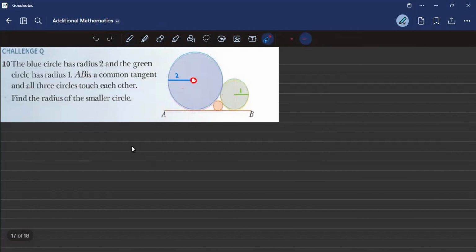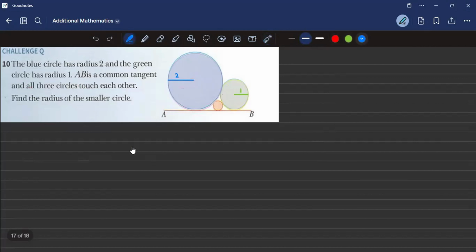So we can say that the center point of the circle will be at the height of the circumference of the green circle. It's really important to realize that, and it's going to make your question much more understandable to you. So the second thing we're going to do is connect the dots for each of these.